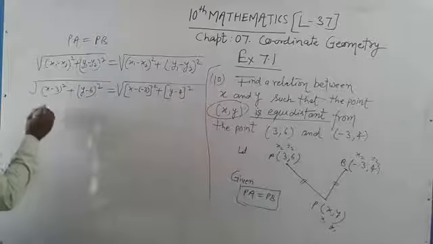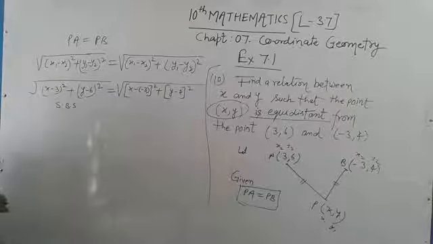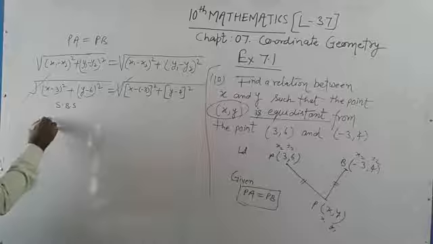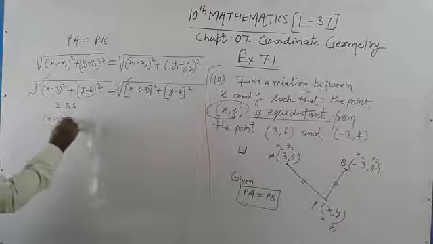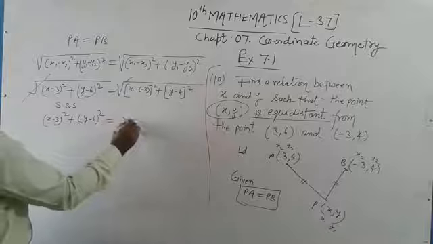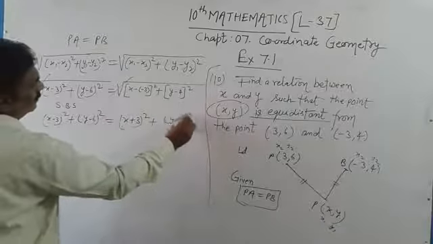Okay, now first squaring both sides. Squaring both sides, the under root cancels out, then we get (x minus 3) whole square plus (y minus 6) whole square is equal to (x plus 3) whole square plus (y minus 4) whole square.